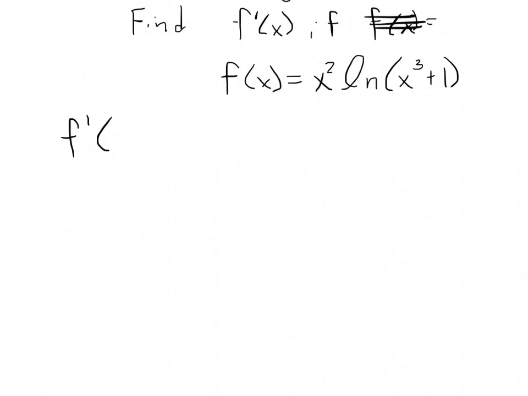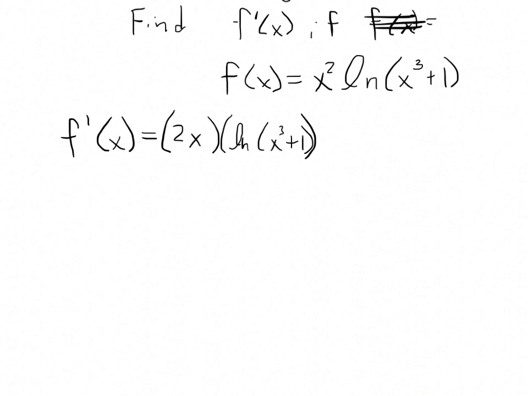So I'll write f prime of x is, so now the derivative of the first thing is 2x. The second thing I'm leaving alone, so natural log of x cubed plus 1. Plus, this time I leave the first function alone, x squared, and I do the derivative of the second one.